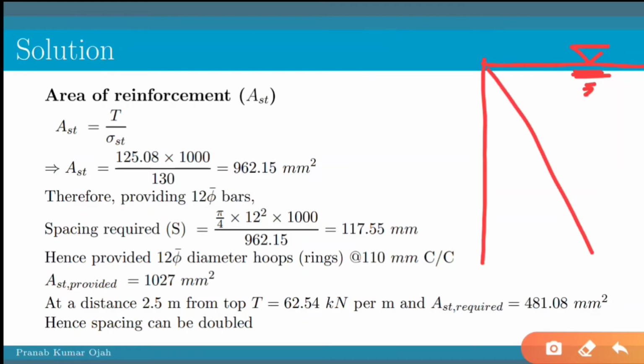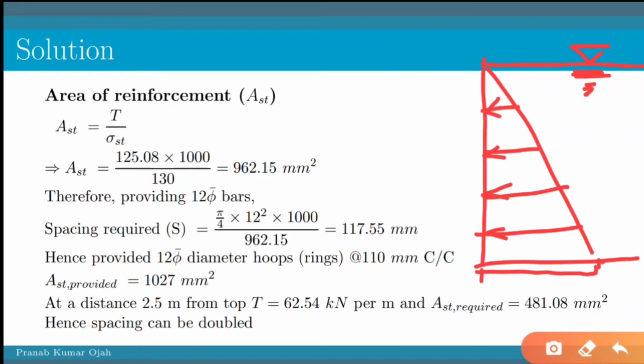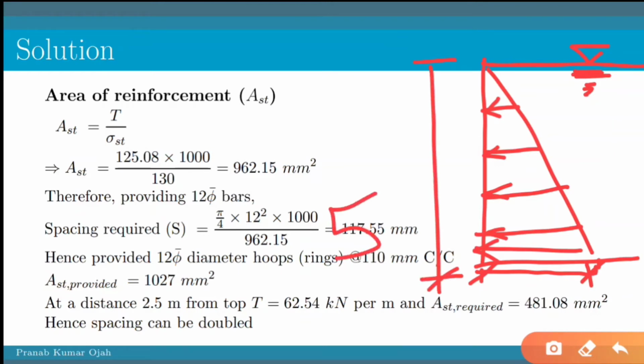So this is the pressure distribution of water over the wall. At the base level, the hoop tension will be maximum as the pressure exerted by the water is maximum at the base. So it will be maximum at the depth of 5 meters from the top.